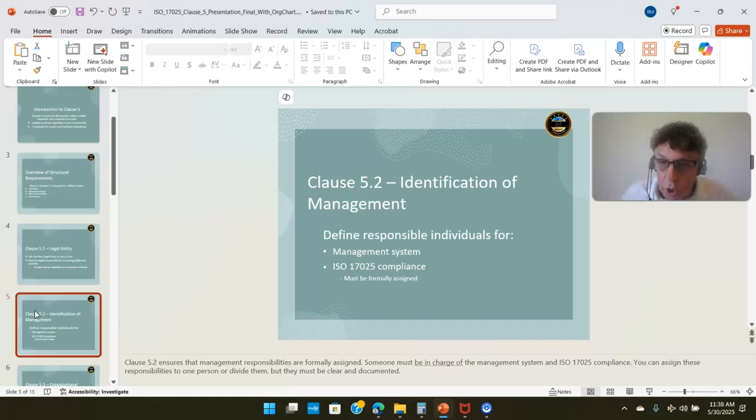Someone must be in charge of the management system and the overall laboratory operations, and must show that they are committed to the compliance of ISO 17025. And you can assign these responsibilities to one person or divide them up, but they must be clearly defined. And a lot of this documentation, again, can be inputted into your quality manual under section 5.2.